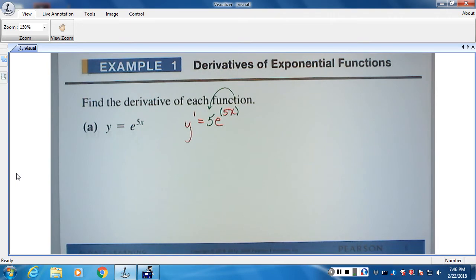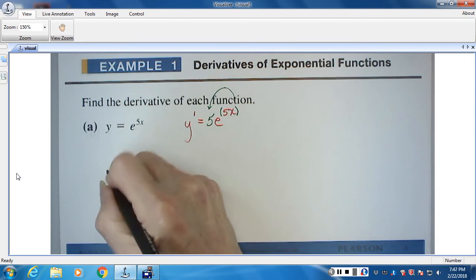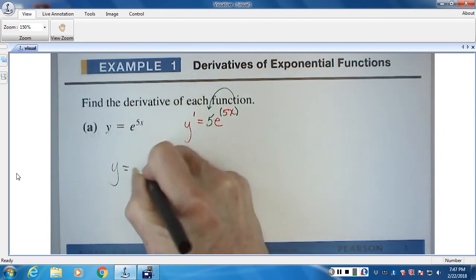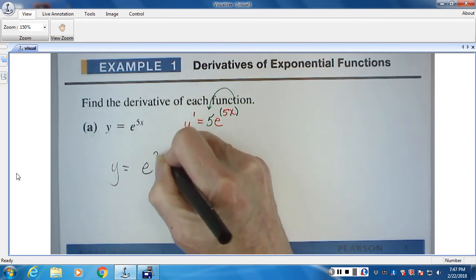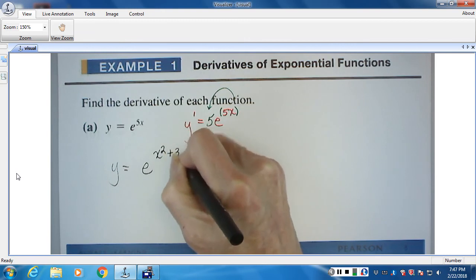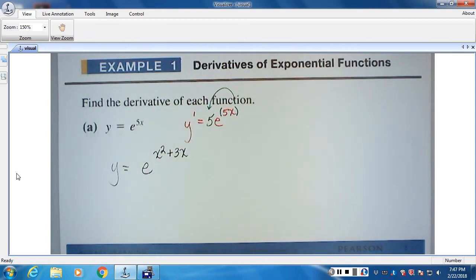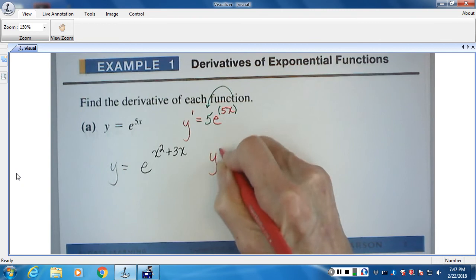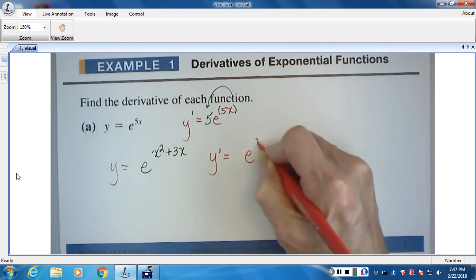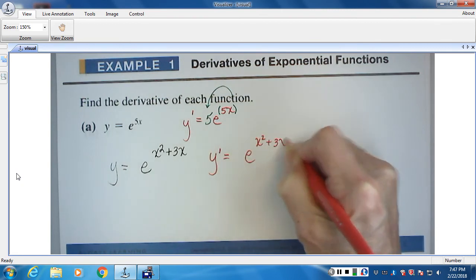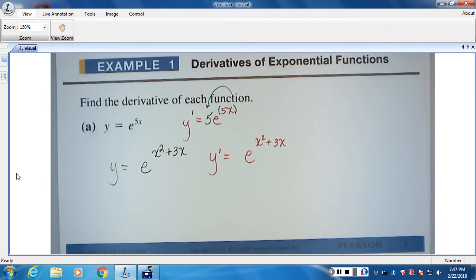Now, I'm going to stick with this one example and do some variations on it before I move on. If this had been y equals e to the x squared plus 3x power, that's just e raised to some power. So again, y prime starts out with what you started with, e to that power. Just copy it over.